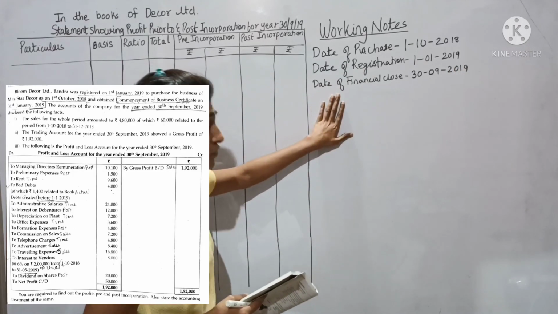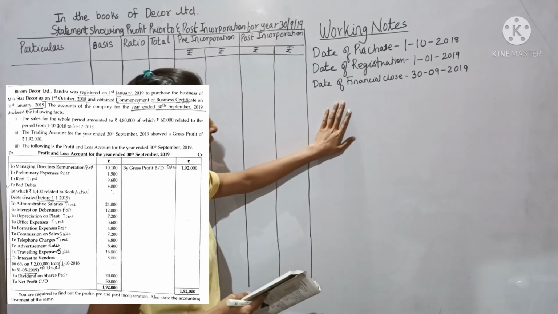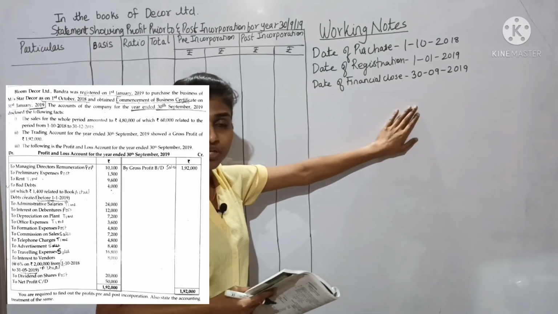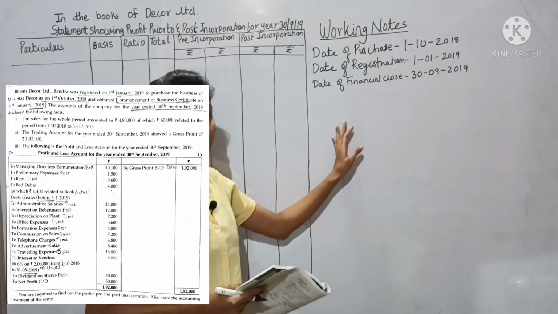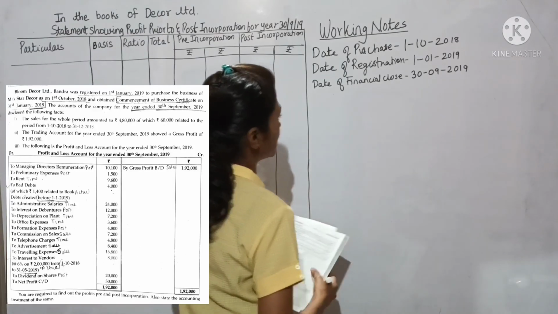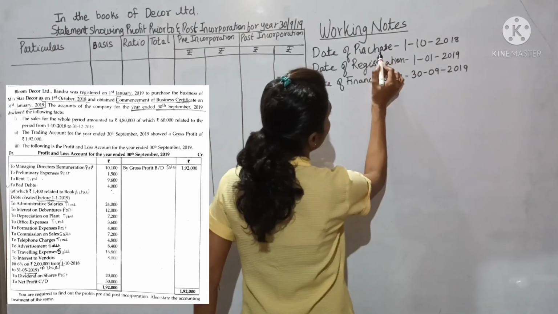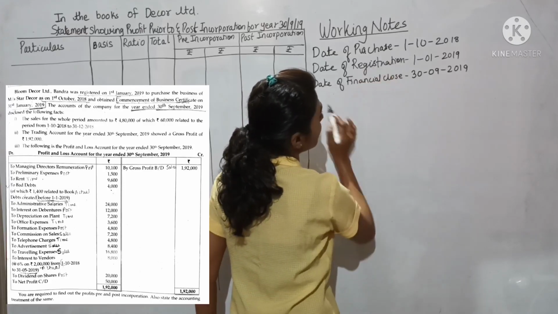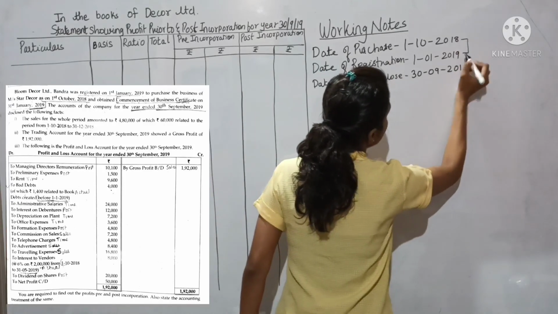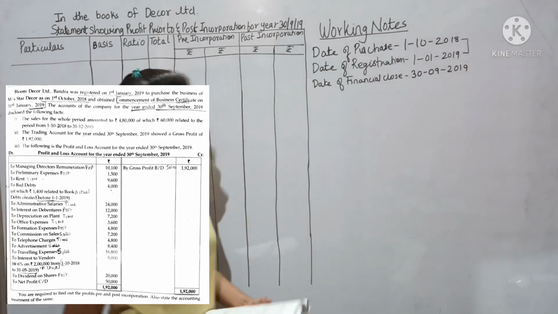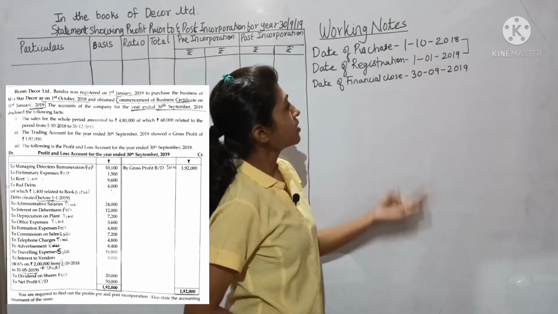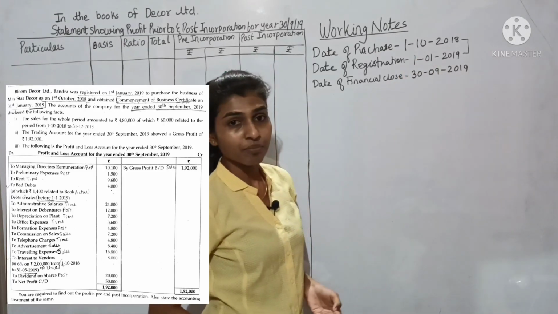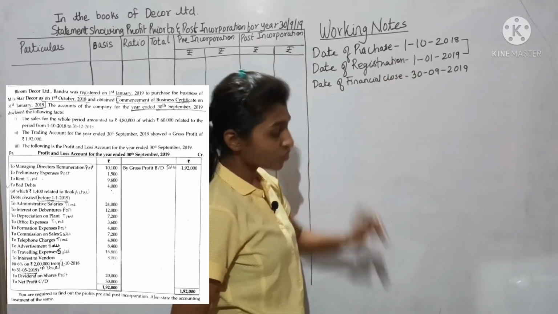On the basis of these dates we have to find how many months are of pre-incorporation and how many months are of post-incorporation. From the date of purchase to date of registration, how many months are there? 1st October, November, December. So 3 months.